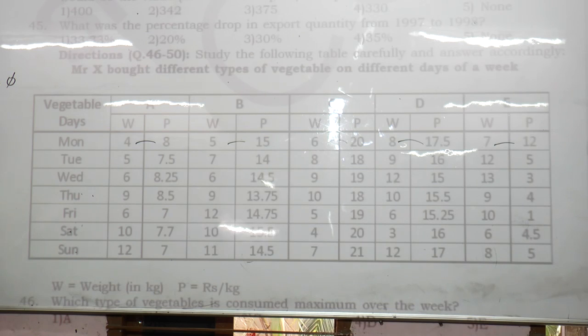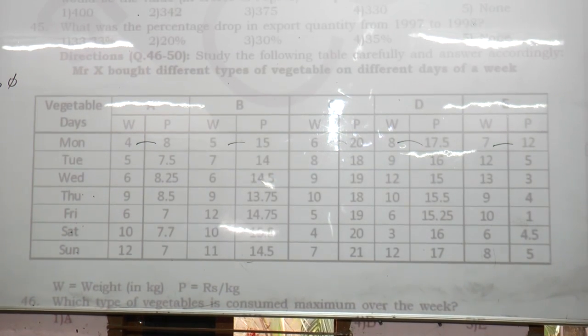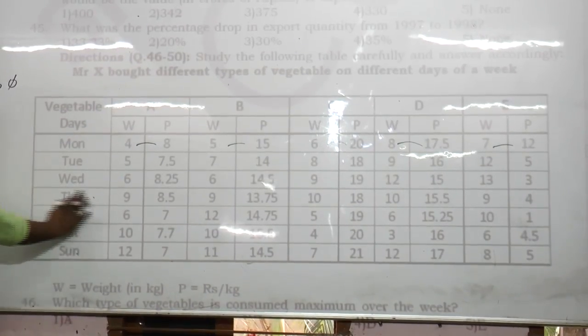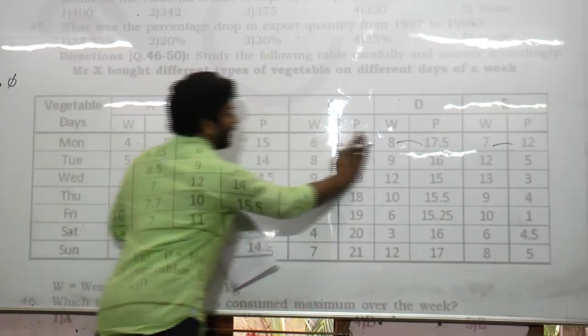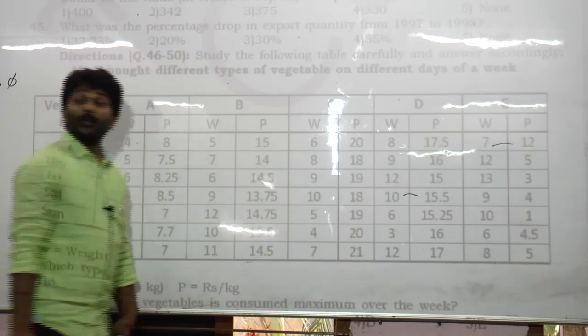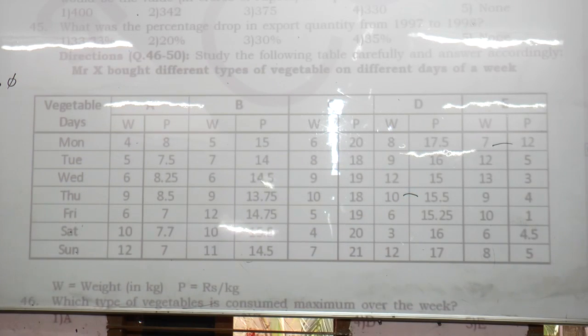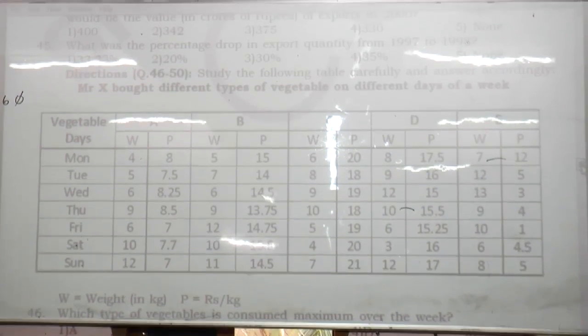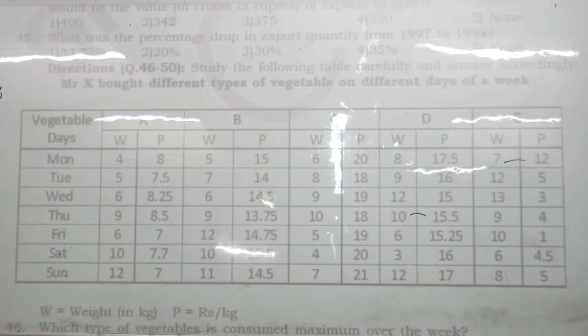Next 48. Total expense on Thursday for buying D type of vegetables. Thursday D type. How much is it? 155 rupees. 155 rupees is approximately what % of the expenses for buying C type of vegetables on Sunday?